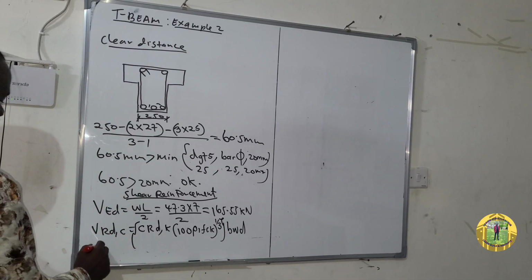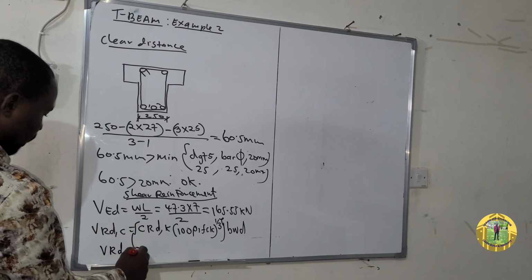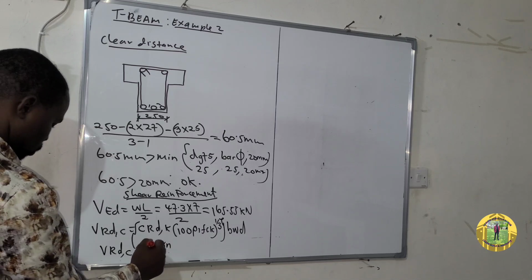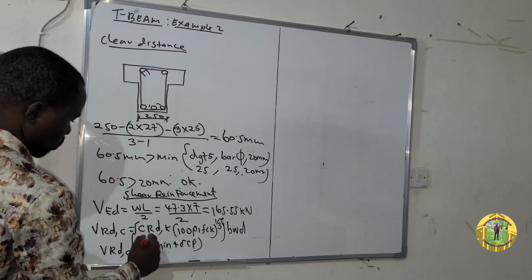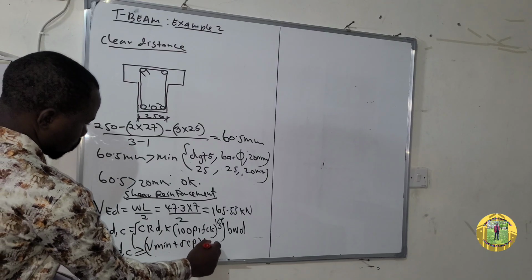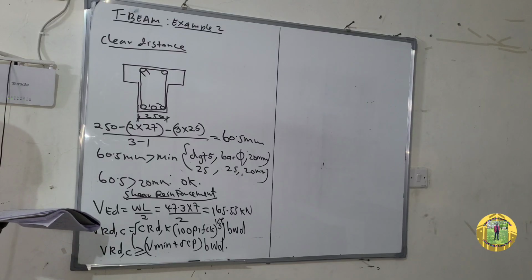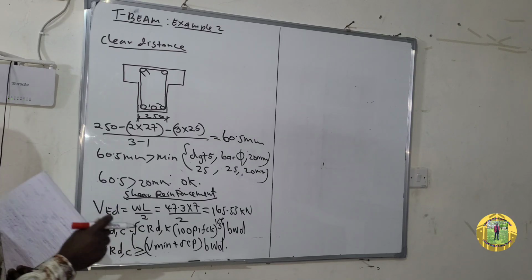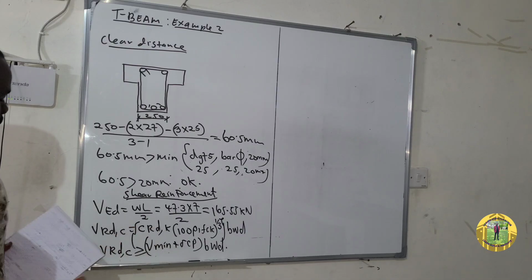whereby VRDC must be greater or equal to, like that. So let's now break this down and calculate each value for each formula in the bracket.